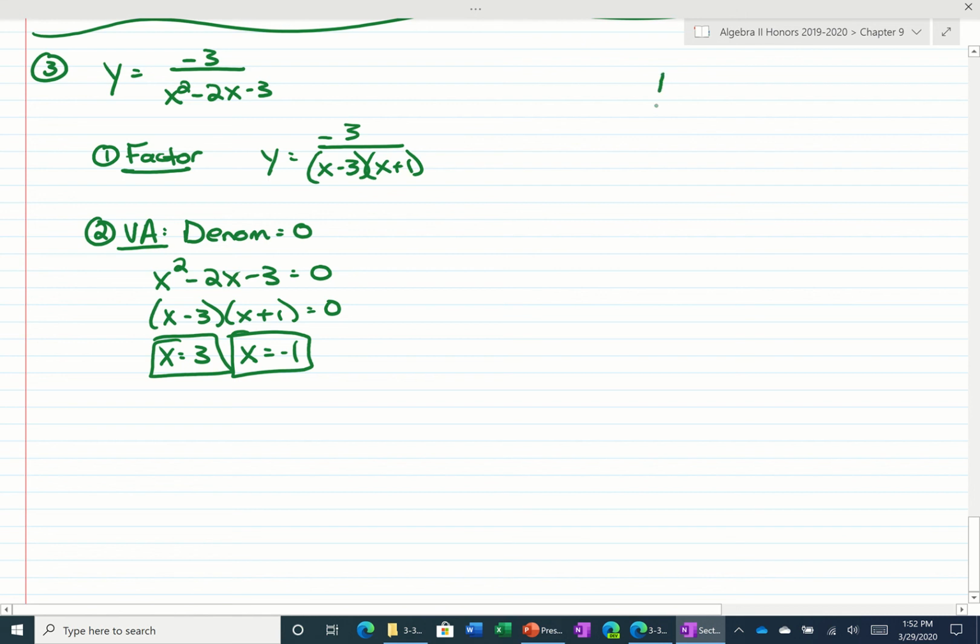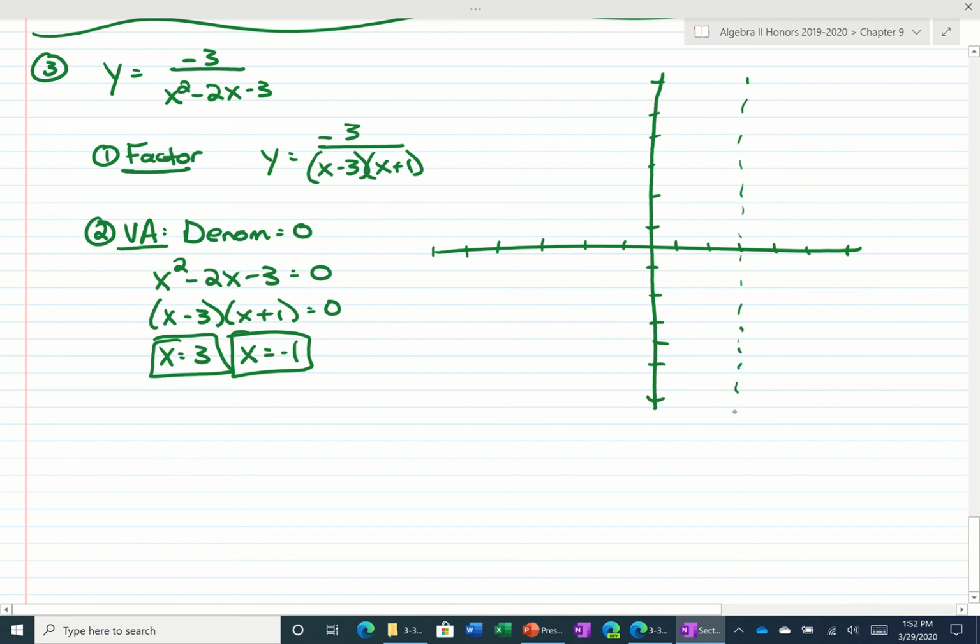It's not better or worse. We're going to follow all the same directions we've been talking about all along. There's a vertical asymptote at 3 and negative 1.